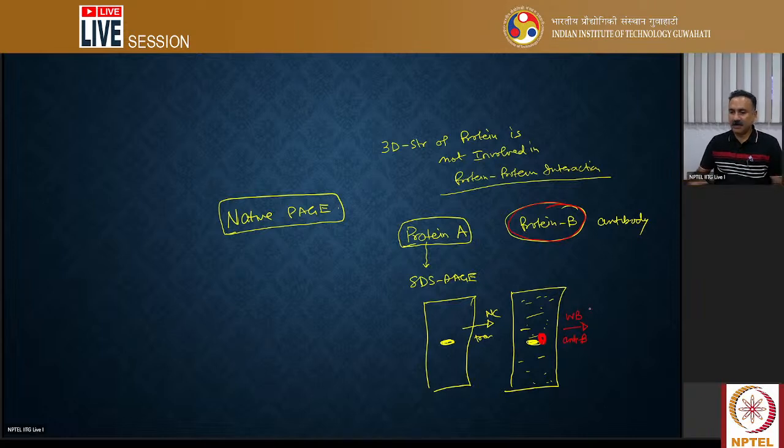So at the end, what will happen? If the B is interacting with A, it is going to give me an intense band, which corresponds to B. And I know that the location of A is also this, right? Or I can do a Western blotting with anti-B, and also parallelly with anti-A.